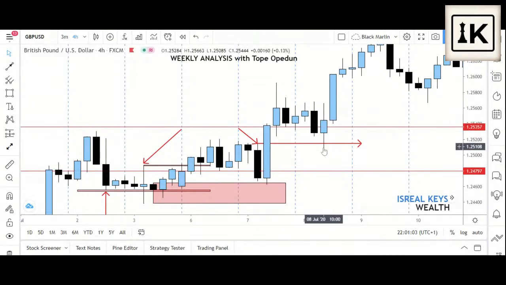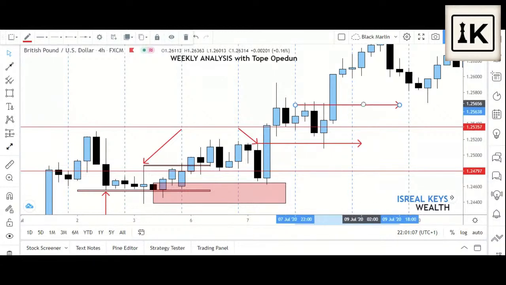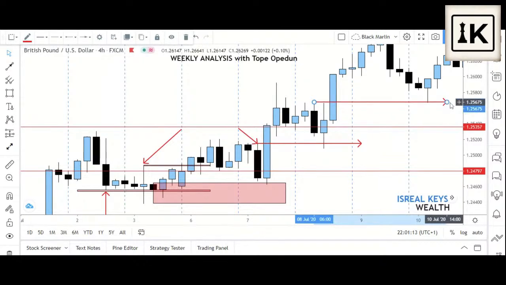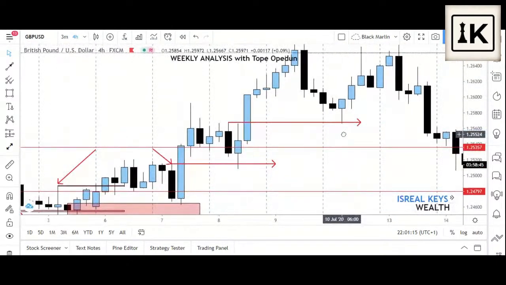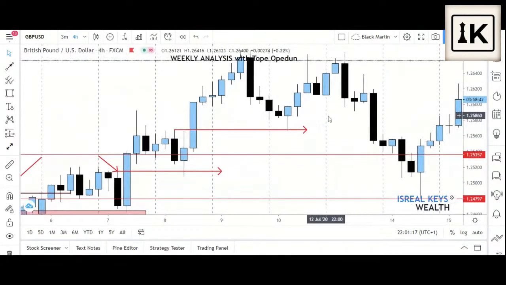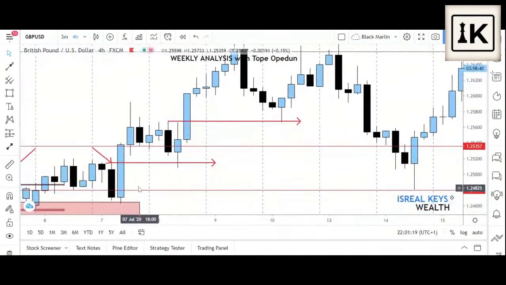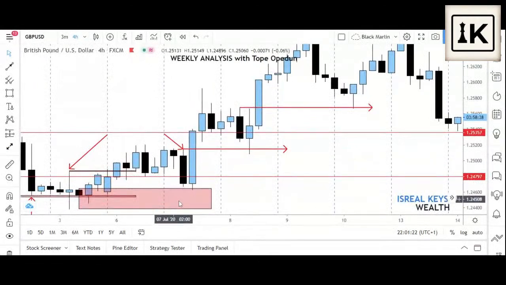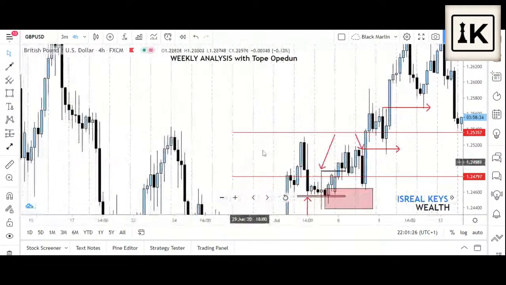And as it took off, it kept leaving levels for you to enter again. Look, another engulfing of that bullish candle. Look, again, entry, boom, entry. So you got one entry here, 2, 3. That will have been you done for like the next 4 weeks.